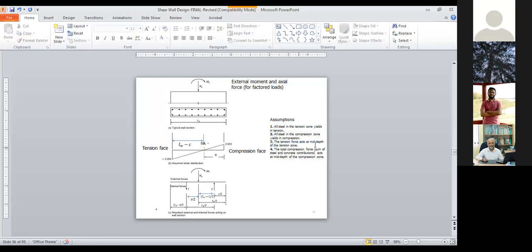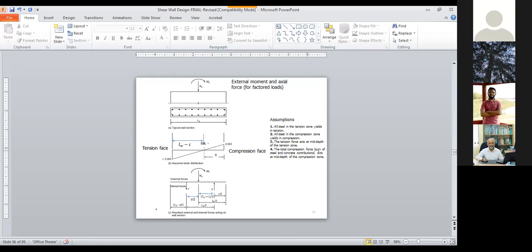The tension force acts at the mid depth of the tension zone. This tension force, an internal force, will act at the mid depth of the tension zone, as you can see here. The compression also acts at the mid depth of the compression zone.